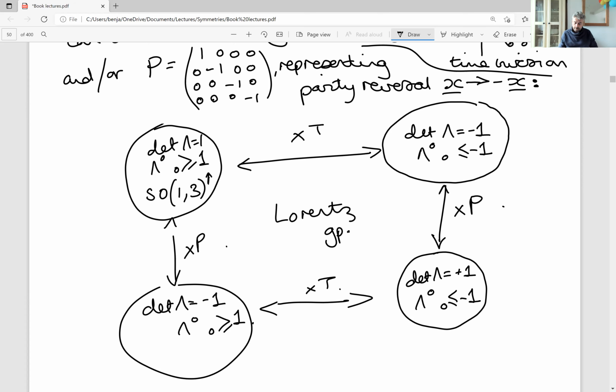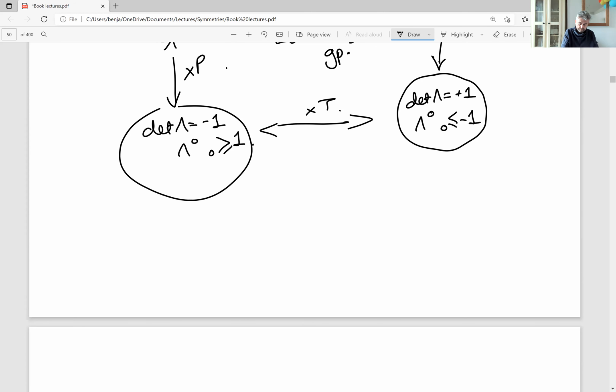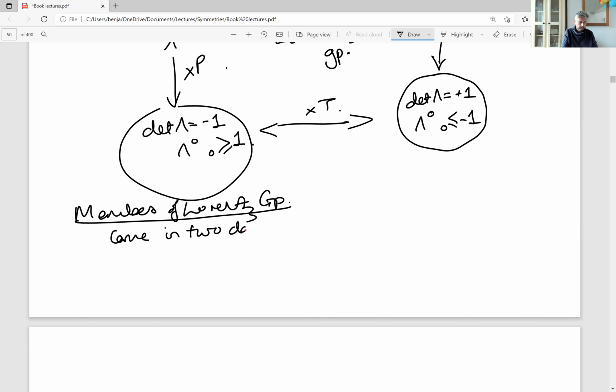Let's now, I'm just going to give you some results on members of the Lorentz group. So actually these come in 2 classes. A, we can have spatial rotations or reflections.